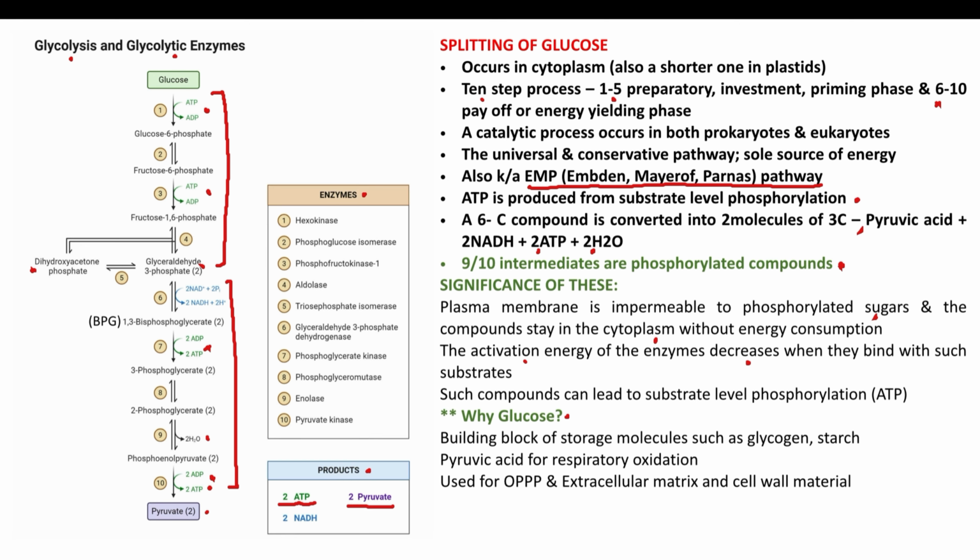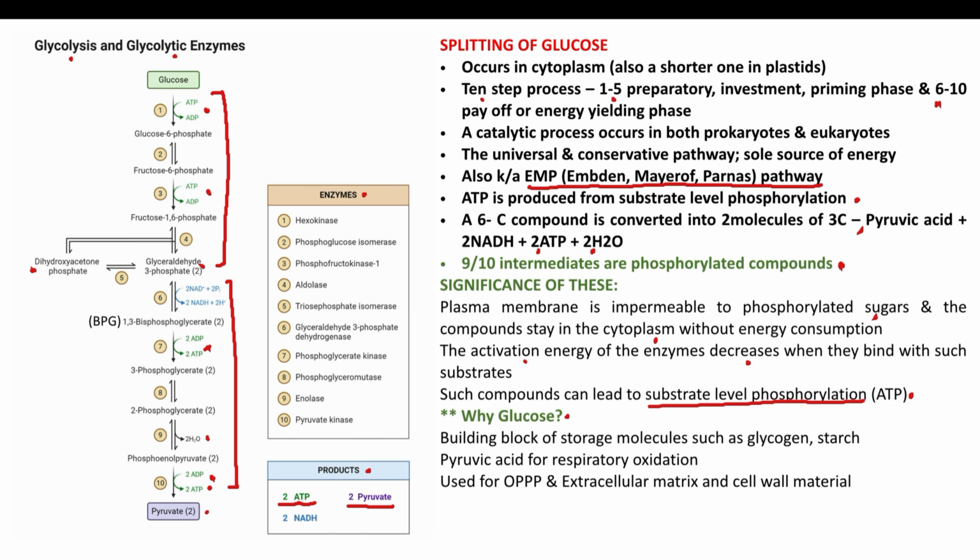The third important thing is that these phosphorylated compounds are known to generate ATP through a simple process where the electron transport chain is not required. It is simply substrate level phosphorylation. So you get ATP formed while the electron transport chain can be omitted. So these are 3 points which you ought to know. Why glucose is used? The second question, we come to it.